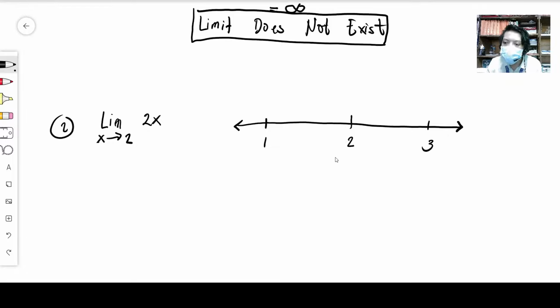So when we say the left-hand limit, as x approaches 2, this is 2. When you say x approaches 2, it could approach from the left or it could approach from the right.